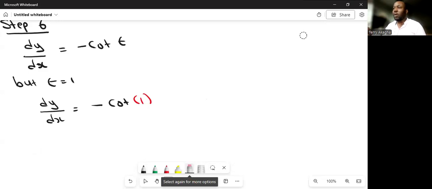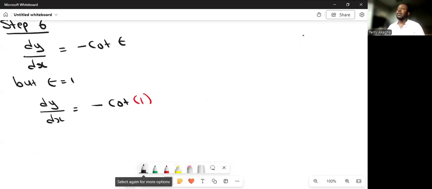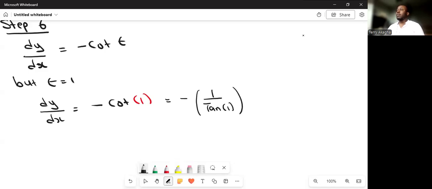So since we're looking for cot 1, we know that cot is the same thing as 1 over tan. So since we're having minus cot 1, it's going to be equal to minus, in brackets, 1 over the tan of 1. Are you seeing it? Because we know that cot is equal to 1 over what?